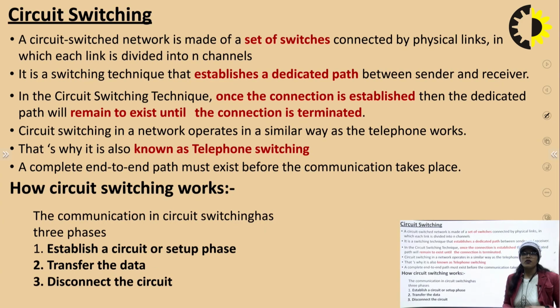The first type of switching is circuit switching. For example, when we did not have the facility of internet and packet switching, at that time we were using the concept of circuit switching.